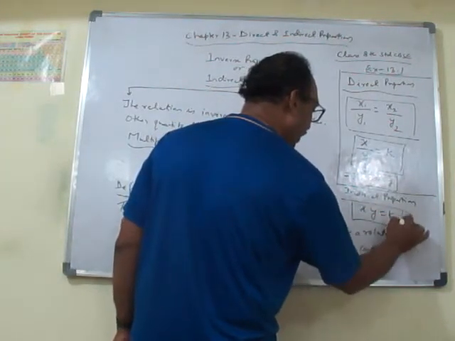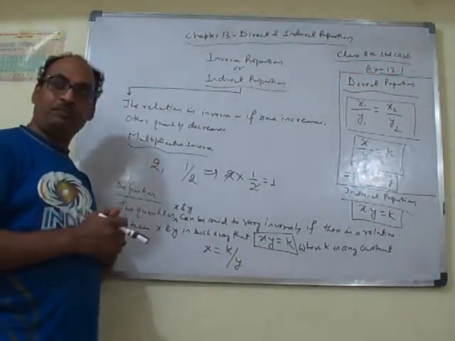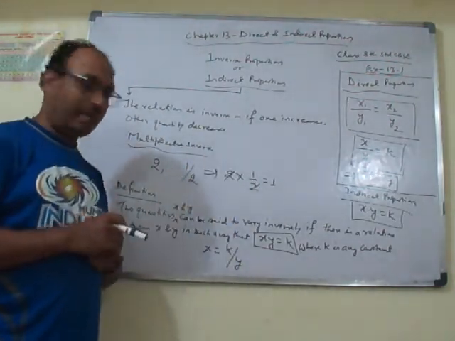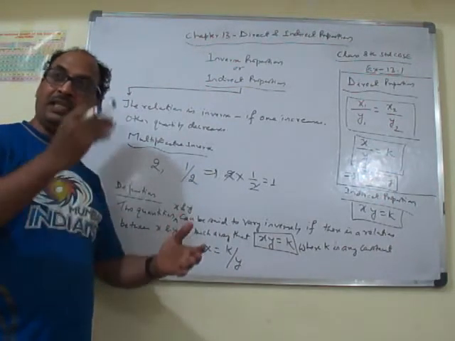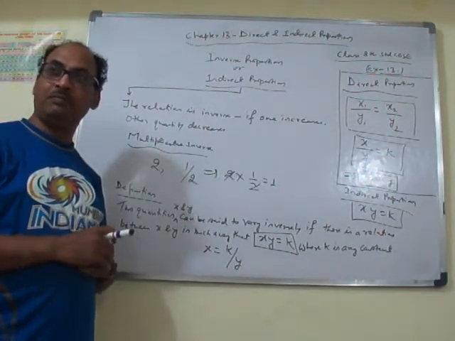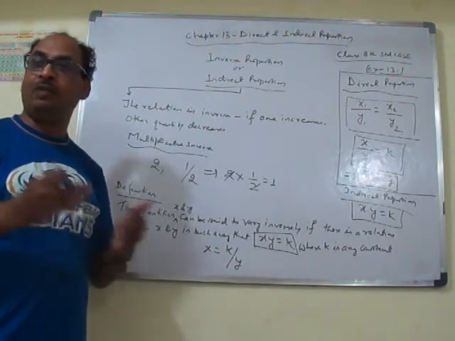This relation will be used, and we will see it now by example. As I told you, if we increase the speed of the vehicle, then the time taken to cover the distance will decrease.